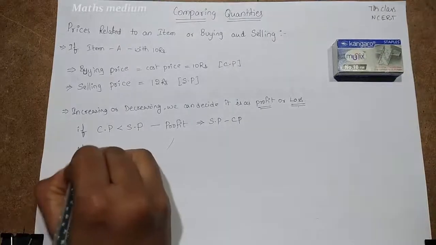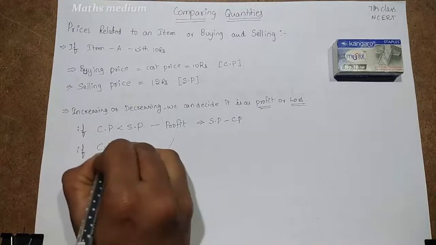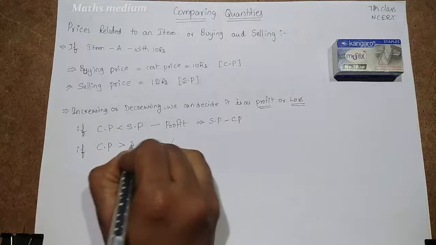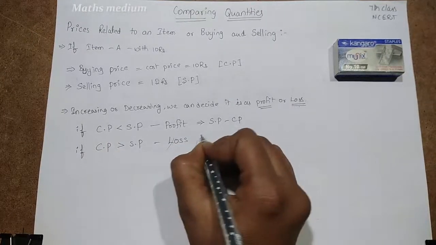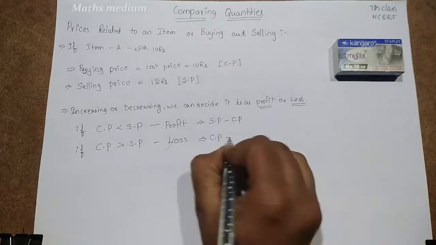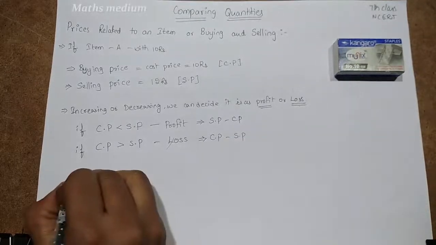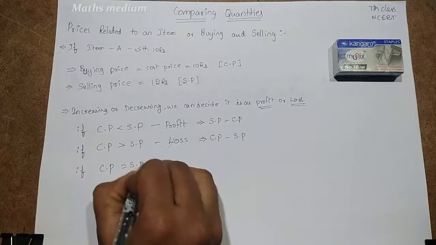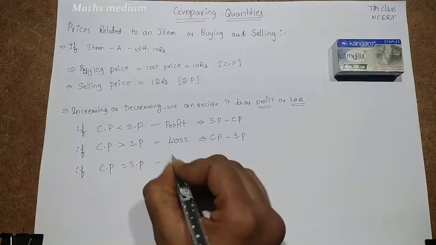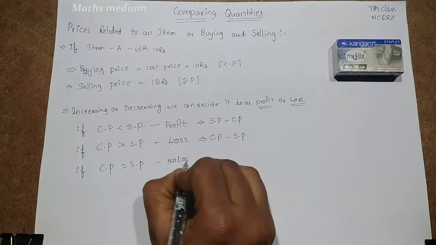Second one is, if CP is greater than SP, we get a loss, which is CP minus SP. If in case CP is equal to SP, there is no loss and no profit.